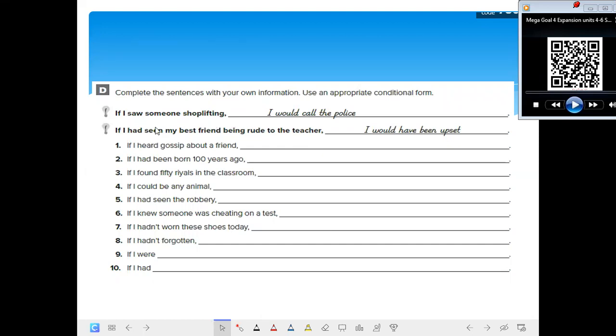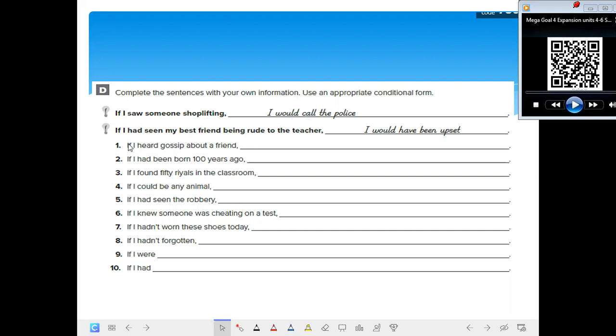As you see for the examples, if I saw someone shoplifting, I would call the police. Here, after if, the past simple, so in the result, we have to say would and the infinitive.